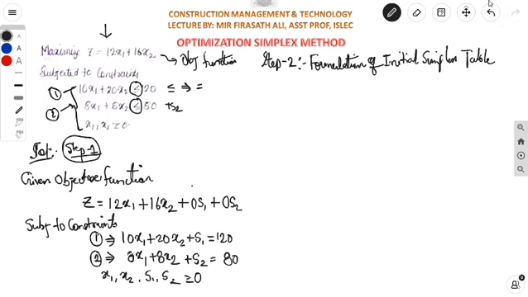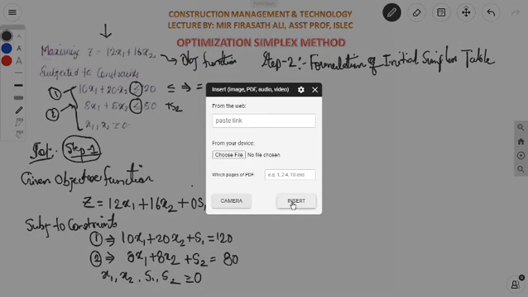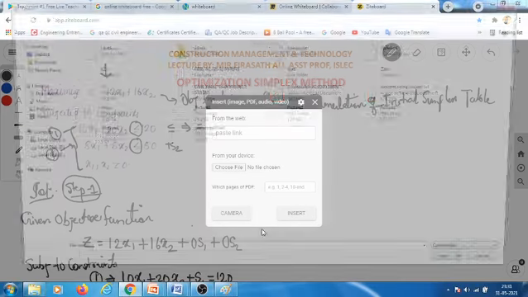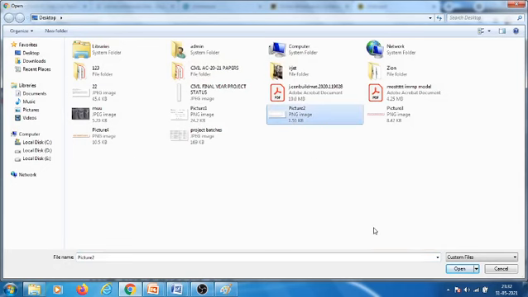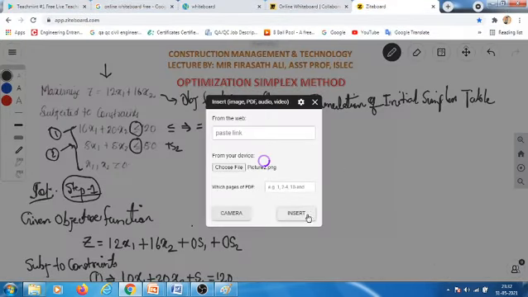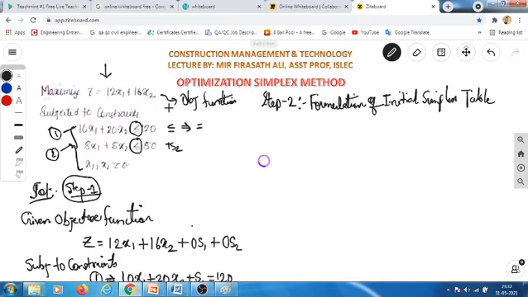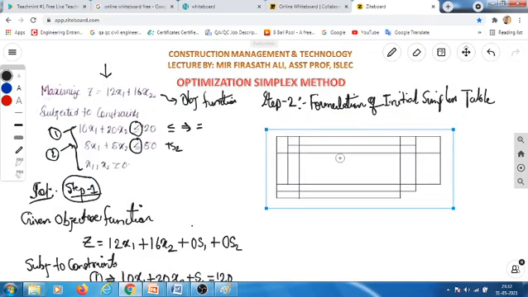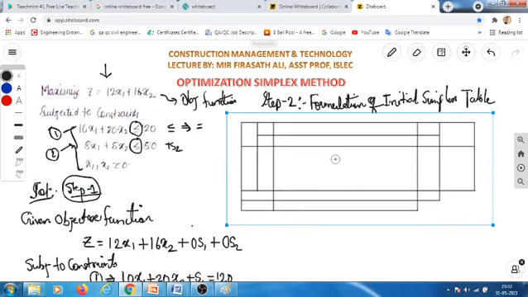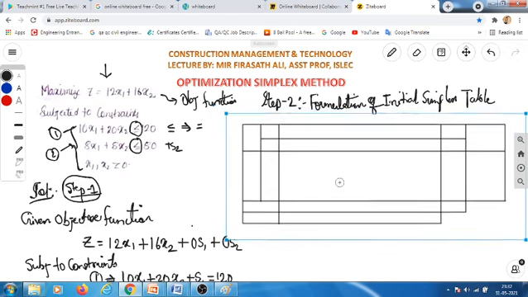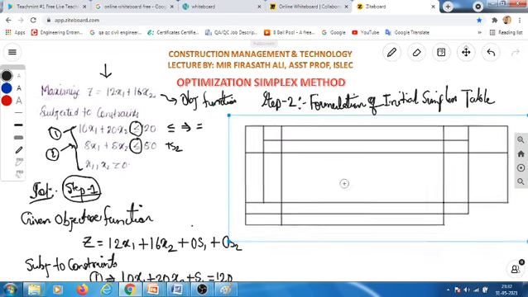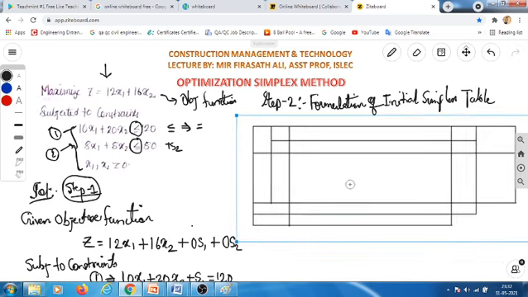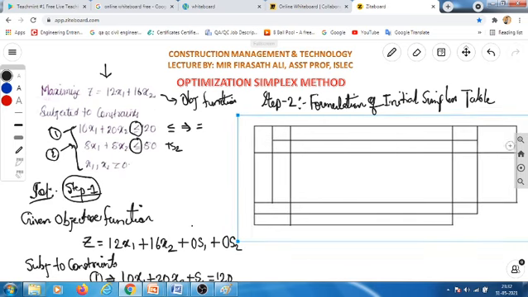To see how this initial simplex table looks, let me show you. This is our initial simplex table, which we will be using in step 2.